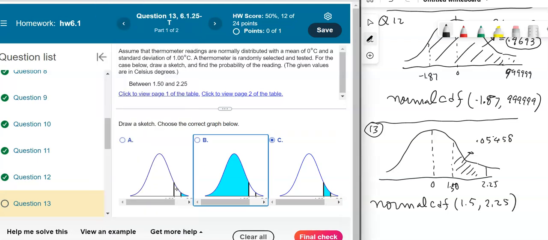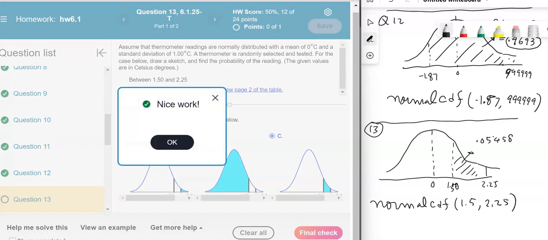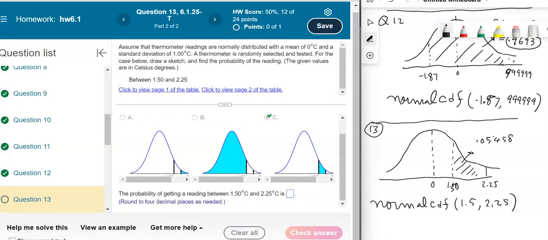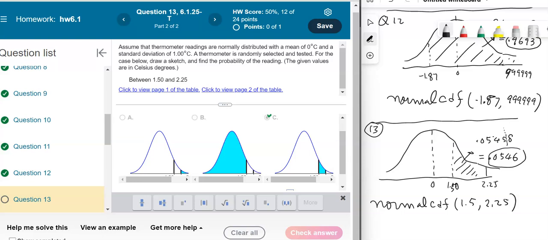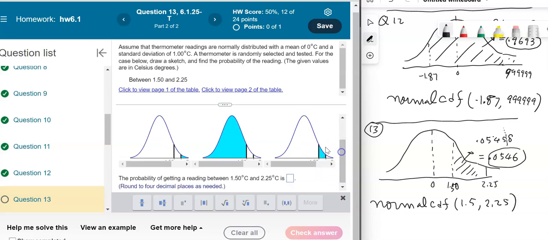They want you to round to, okay, check answer first, and then round 4 decimal, so they have to cut it here. So 0.054. Oh, here we go. What am I doing here? 0.0546. Okay.